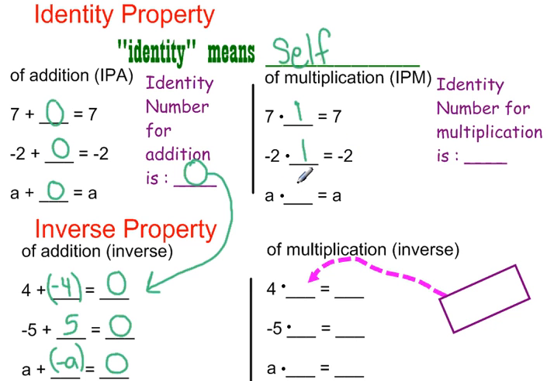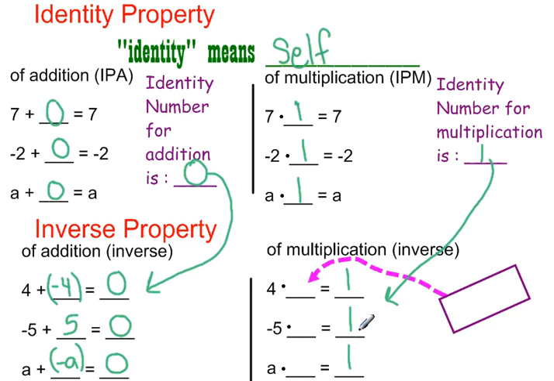And A times 1 will keep me A. So the identity number for multiplication is 1. And that's going to be important down here in our inverse property of multiplication. Now I want my answer to be 1.